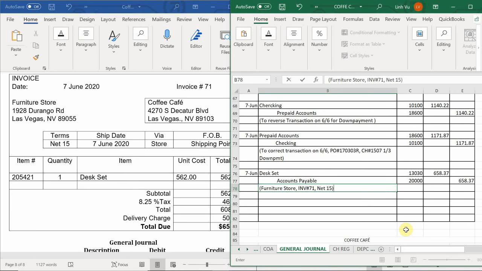So they're still not giving me any discounts here. In this case, I only bought one desk set, which already includes the shipping and the tax. So I don't need to put any other extra information in regards to this. So it should be $658.37.